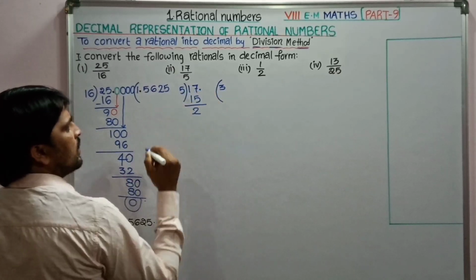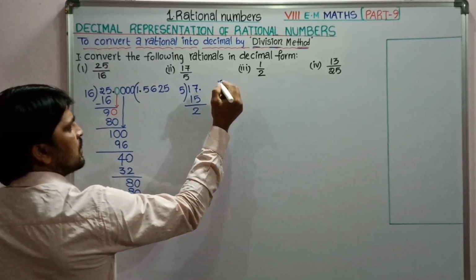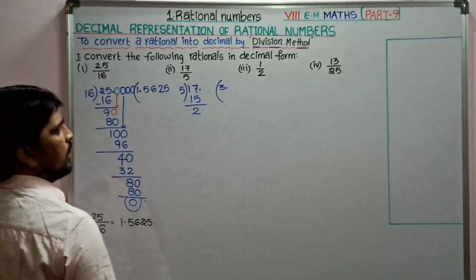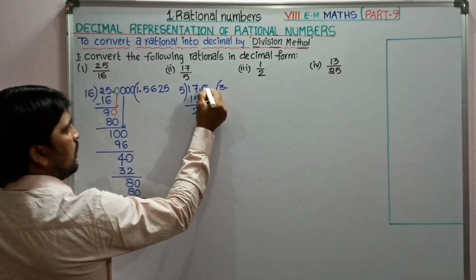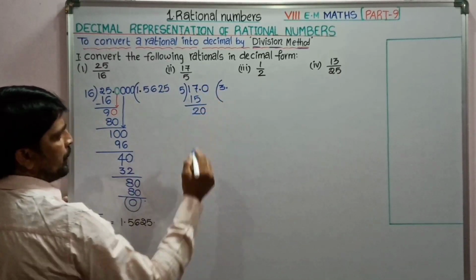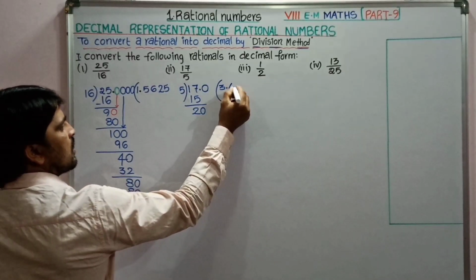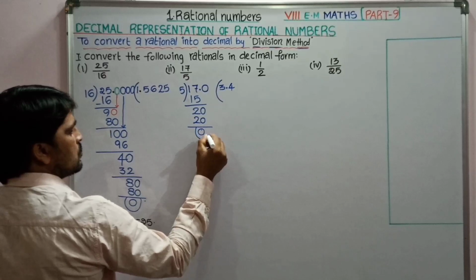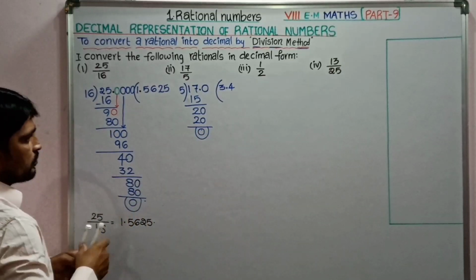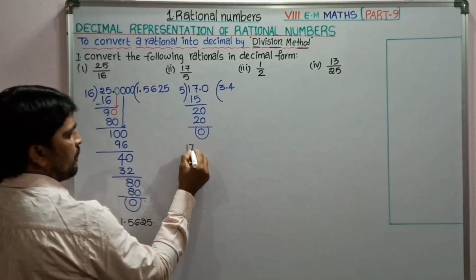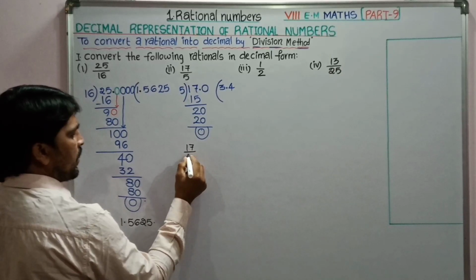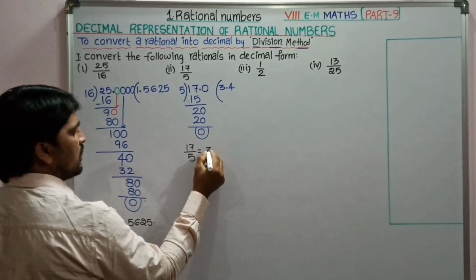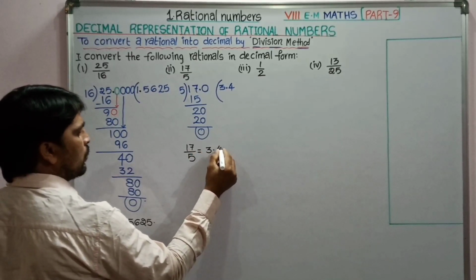Put a decimal point in the dividend part as well as at the end of the quotient part, and put a 0 here. Drop the same 0 into the new dividend part. 5 4s are 20. The remainder is 0. Therefore, the decimal form of the rational 17 by 5 is 3.4.